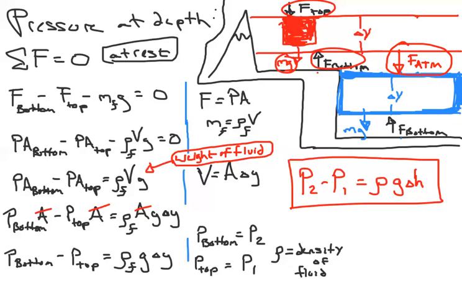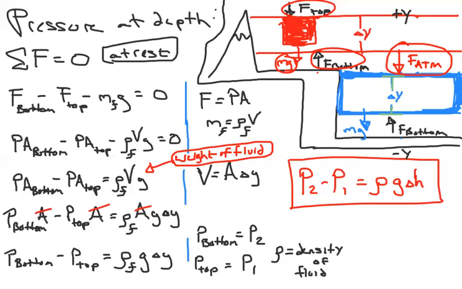And so what we want to do is see if we can build an equation that'll relate this depth that we're at to the changes in pressure that we feel as we get deeper, right? So what we do is we start by setting up an equation. So we have the force from the bottom, and we're assuming that positive y is up, negative y is down, right?